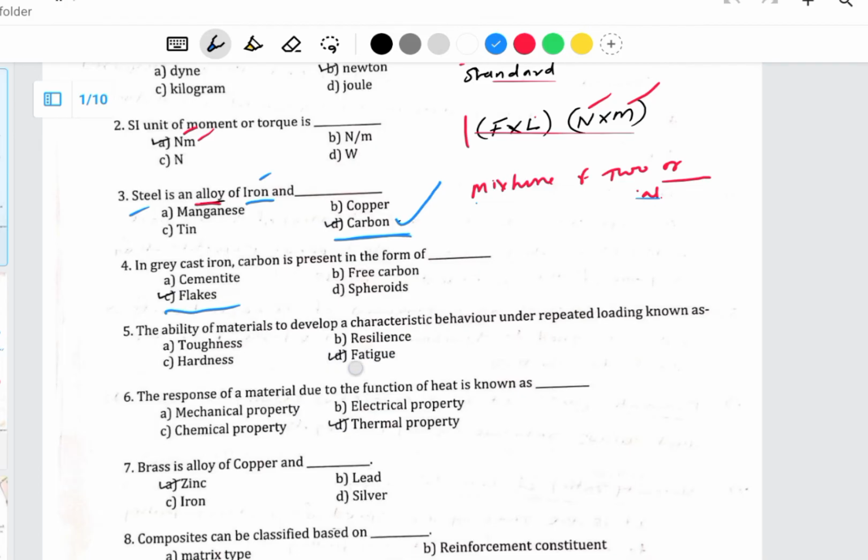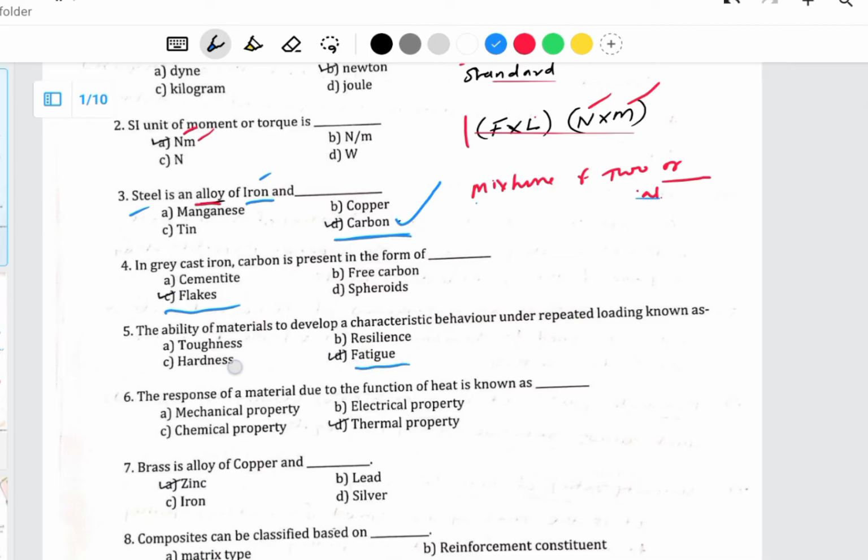So the correct answer for this one is flex. Okay. The next: ability of the material to develop the characteristic behavior under the repeated loading is known as? If you are loading and unloading a material repeatedly, it is called fatigue. So you have to remember the definitions.